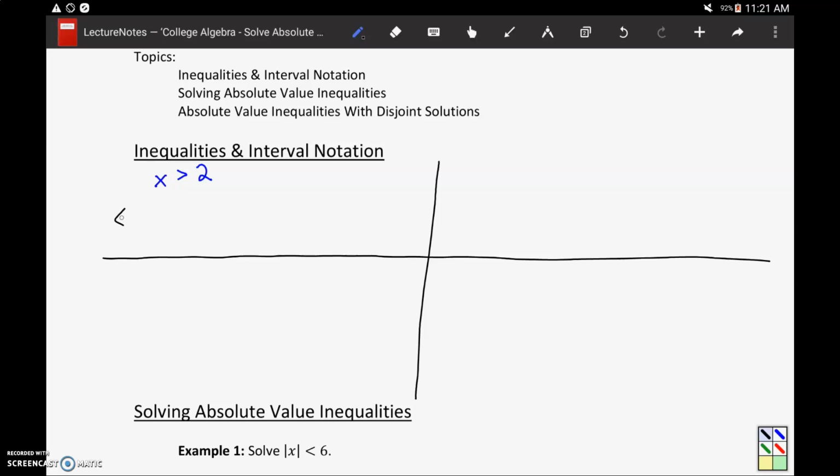And we can represent that idea on a number line by placing an open circle, so an unfilled in circle, at x equals 2, and then shading or highlighting, somehow indicating all values to the right of 2, meaning that all values to the right would be values that would make that original inequality statement true.